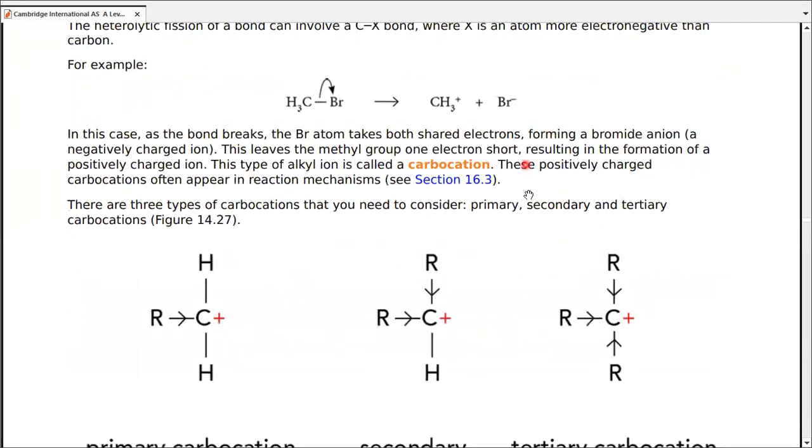Let's discuss that. Okay, in case the bond breaks and the Br atom in this example, as you can see, takes both shared electrons, it forms a bromide anion. This leaves the methyl group with a positive ion, one electron short, of course, and we're going to call it a carbocation, which gives us a very good idea that if any carbon-based ion has a positive charge like this one does, we are going to call it a carbocation.